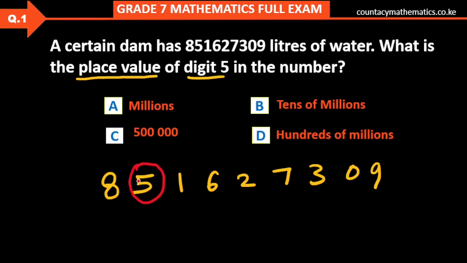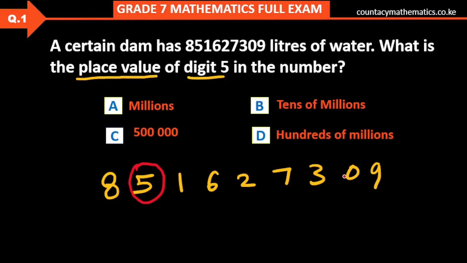So to be able to find the place value of digit 5, what we do is that we find the place value of each and every number that we have, but now we start from the right hand side as we move towards the left hand side until we reach where 5 is. And actually, let's go ahead and do that. So we have our first number from the right hand side, which is 9.